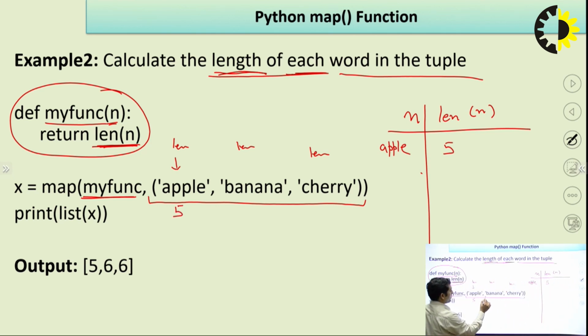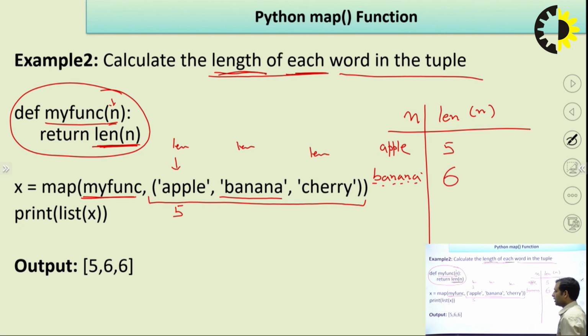Now the next parameter, apply the same function, banana. Banana as a parameter here. So this will return the length of this particular banana. 1, 2, 3, 4, 5, 6. That is the length of this element, so this will return 6.